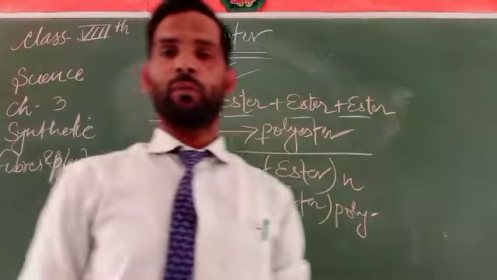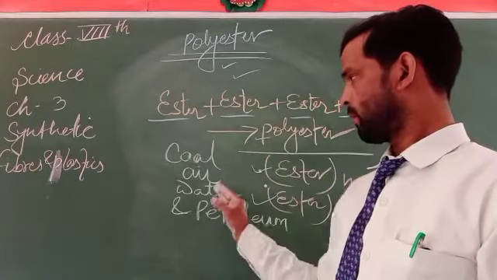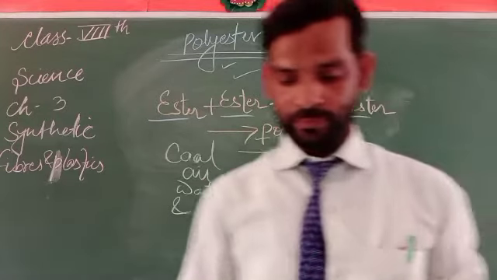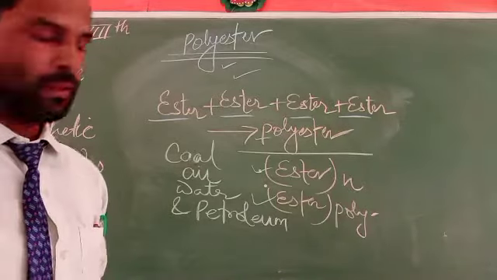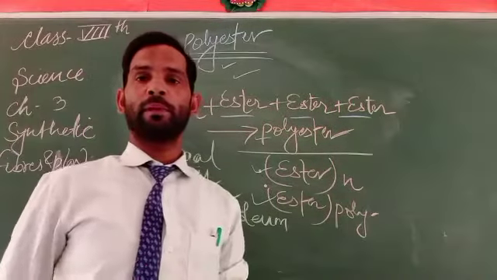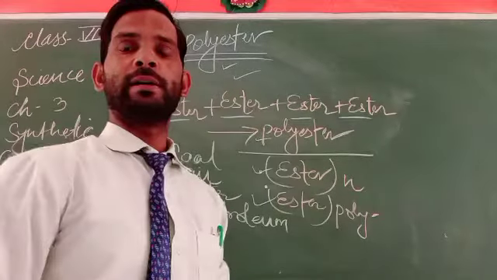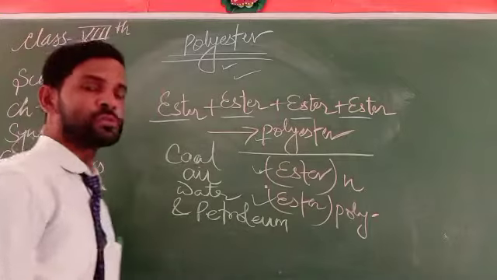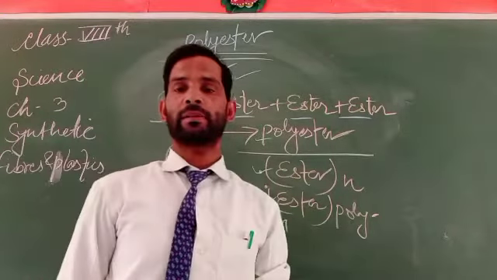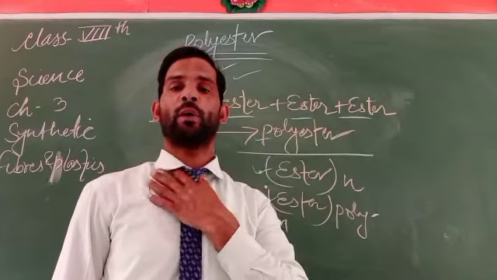It can be made using air, water, coal and petroleum. So it has a very primitive type of product called terylene. Terylene is the first used polyester. The first time, terylene is used in the form of a polyester.